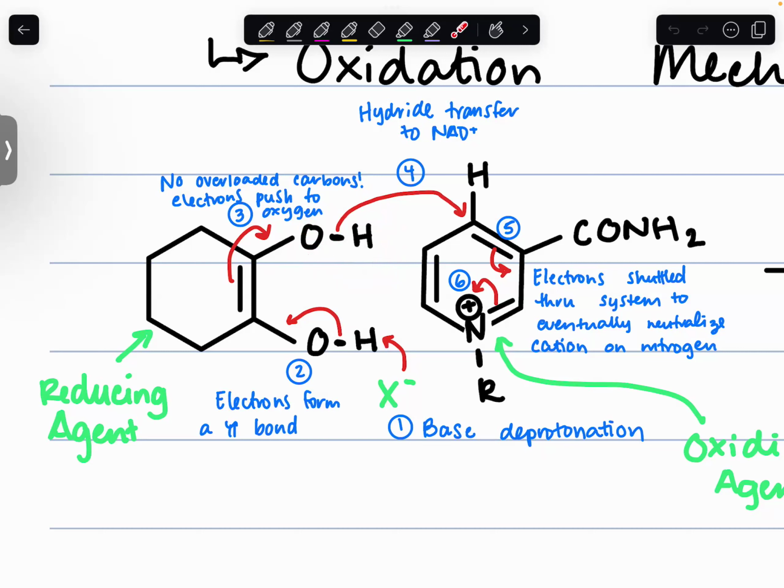In the same way that NADH is a hydride donor, NAD plus is a hydride acceptor. So that whole hydride unit can go back onto NAD plus, and we basically see the reverse of the steps we took in an NADH reduction. And in this, we restore NADH from NAD plus.